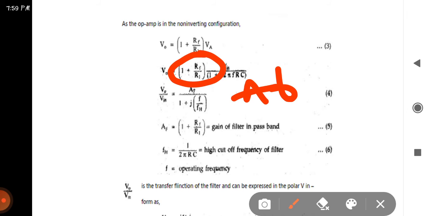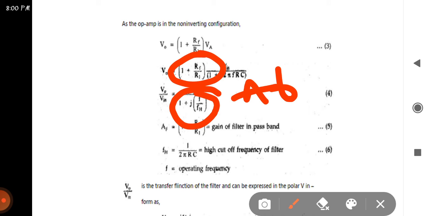They have taken fH equals 1 by 2 pi RC. Small f is the operating frequency. The high cutoff frequency of the filter is equal to 1 divided by 2 pi RC. f equals operating frequency. I am giving names to these values.